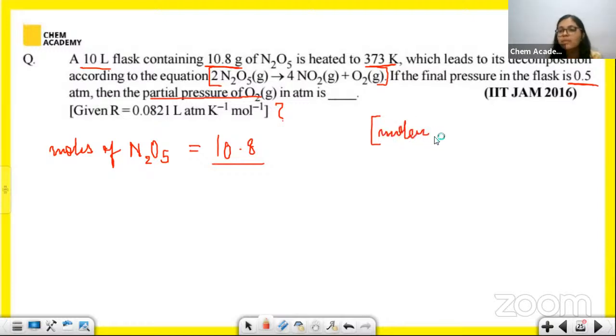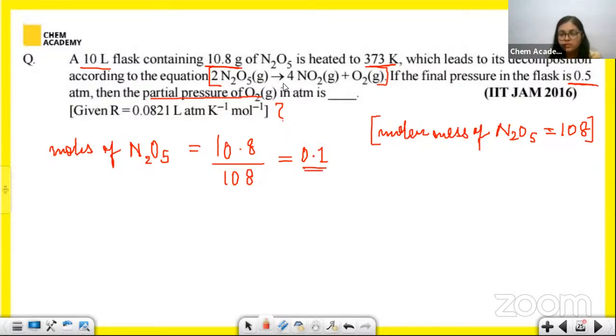What is the molar mass of N2O5? The molar mass of N2O5 will come out to be 108. So we can calculate the number of moles for N2O5 by dividing the given mass with the molar mass. So we will get the number of moles as 0.1.